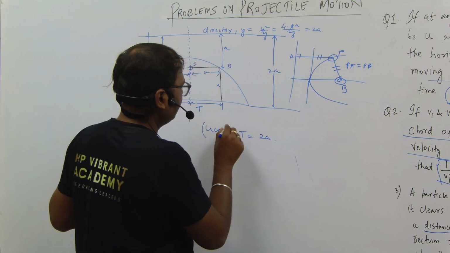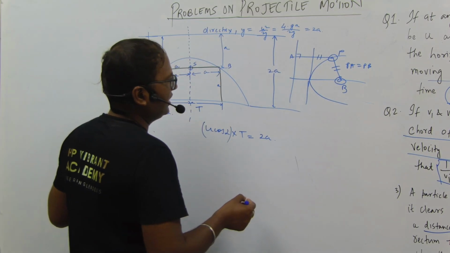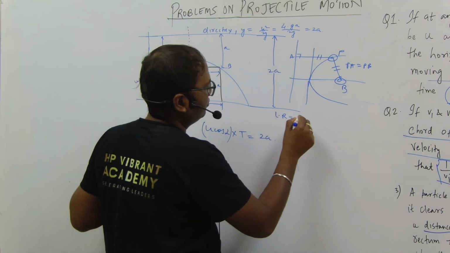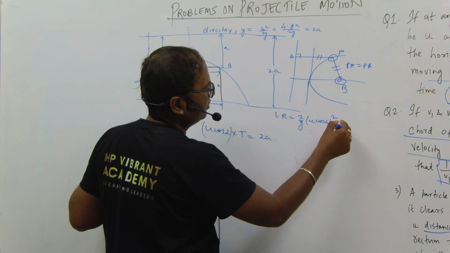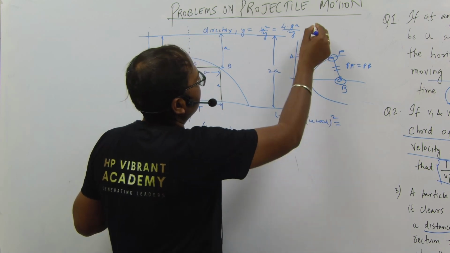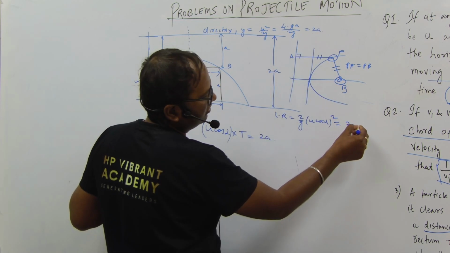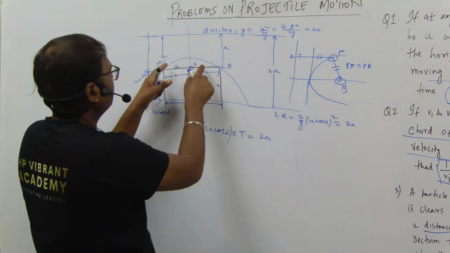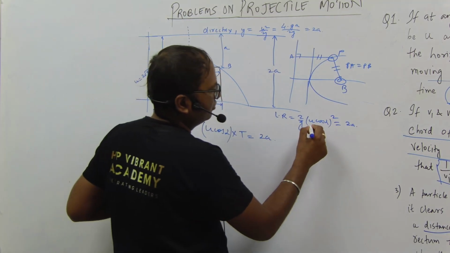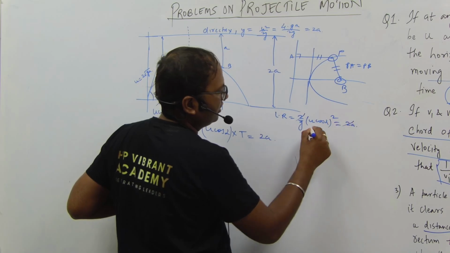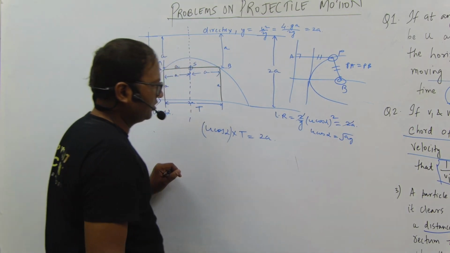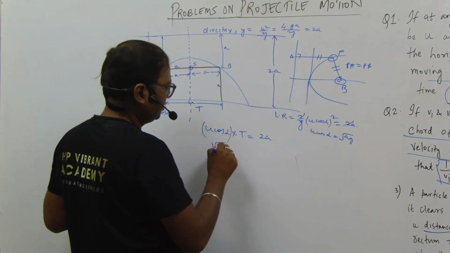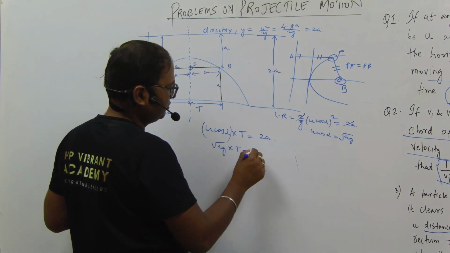Okay, so let us find the value of u cos alpha. The latus rectum is equal to 2 upon g into the horizontal velocity u cos alpha whole square, and the value of the latus rectum is 2a. So the 2 gets cancelled, and u cos alpha is equal to root under ag. Let us put root under ag into T equal to 2a.